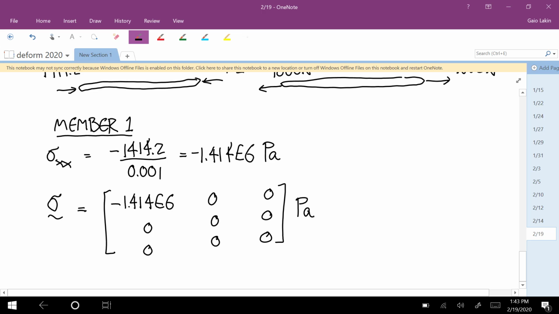Normally now, once you have your stress tensor, you would calculate a principal stress tensor, calculate your principal stresses, but in this case, that's already principal. There are no shear stresses.